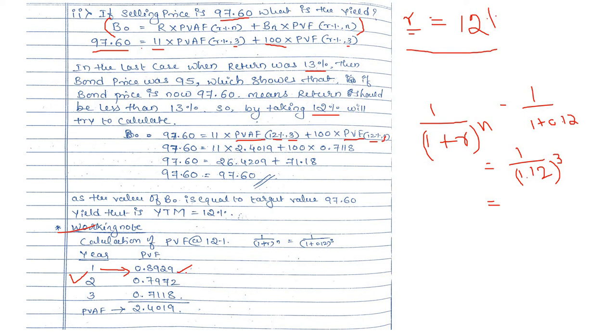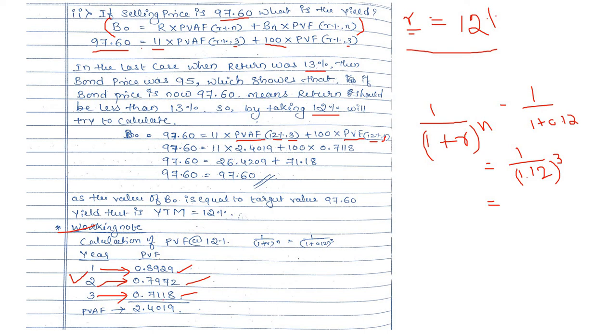Nothing, just click equals in the calculator and automatically we'll get the second year value, which is 0.7972. Next, for the third year, again just click equals and you'll get the third year value: 0.7118. Okay, so now what to do?